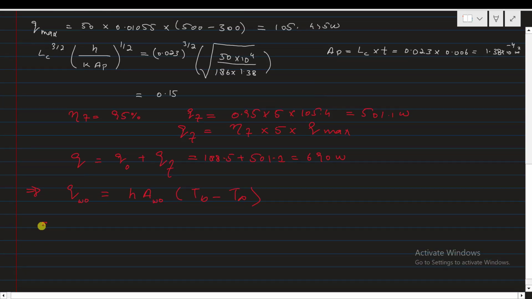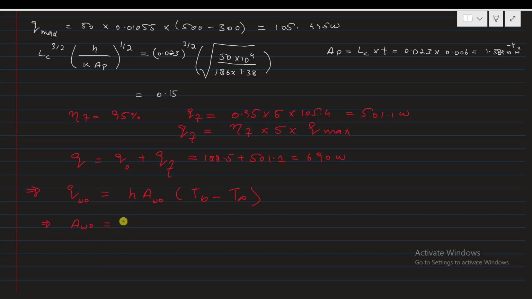The deciding parameter here is the surface area of the cylinder. That is equal to 2 pi r1 h, where r1 is the radius of the cylinder and h is the height of the cylinder.